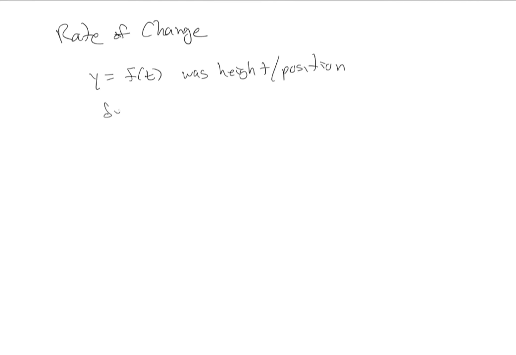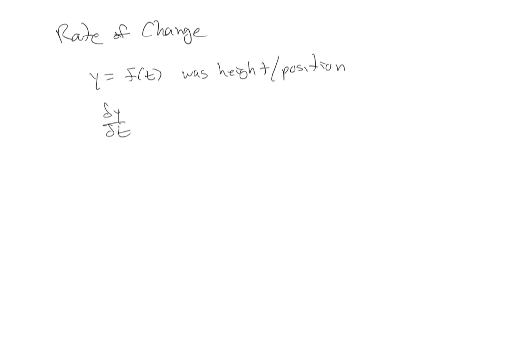And again, our example as we first explored in this chapter, if y equals, let's say f of t was a height or position function, then the derivative, dy over dt, we called the velocity.